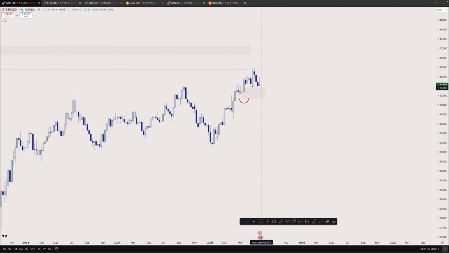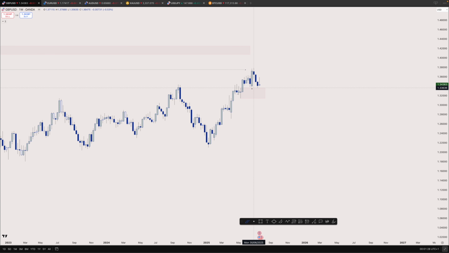So now we have been generating tons of liquidities just above this POI, which makes this POI more high probability, because we got a nice push up and we have been generating these tons of liquidities just above.